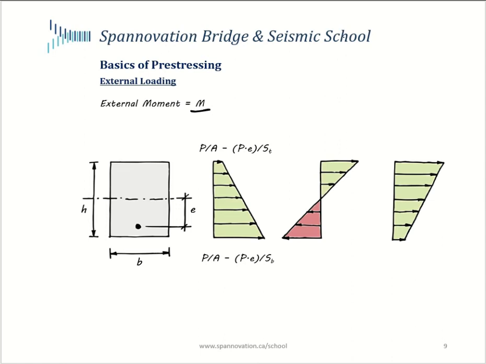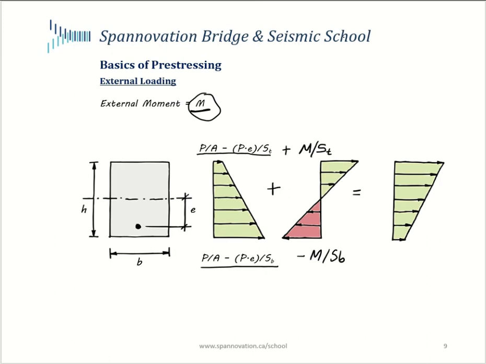I've derived the expressions for the stress in the top and the bottom fiber previously. And we superimpose those stresses with the stresses coming in from this external moment M. So at the top fiber, that would be M divided by the section modulus to the top. And on the bottom, it would be a negative since it's a tensile stress, M divided by S_B. And simply adding those expressions together would give us the net stress.